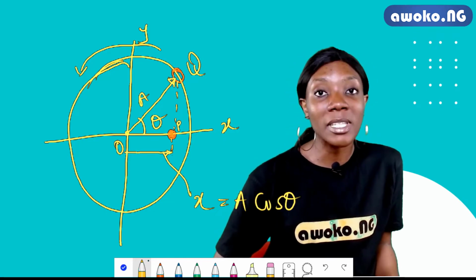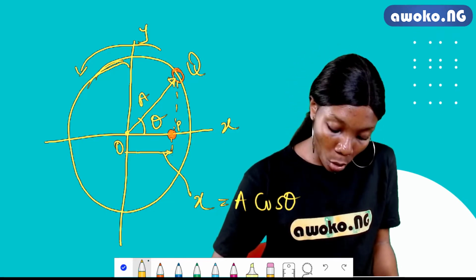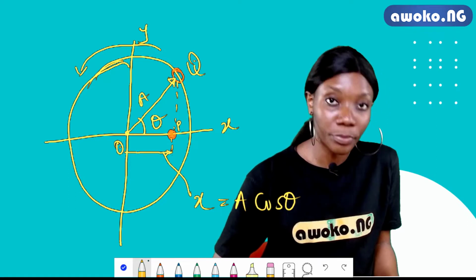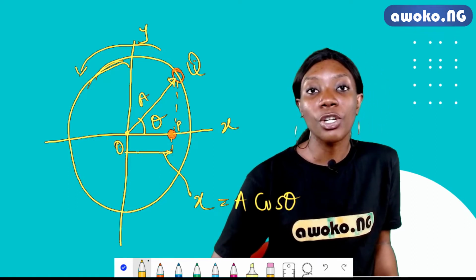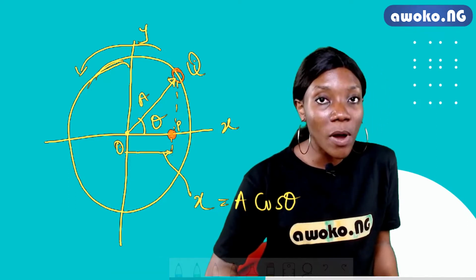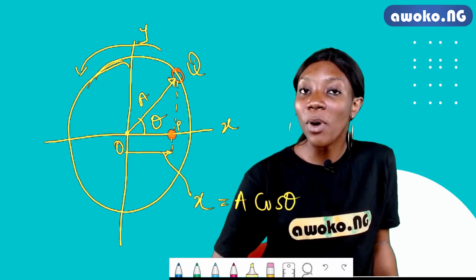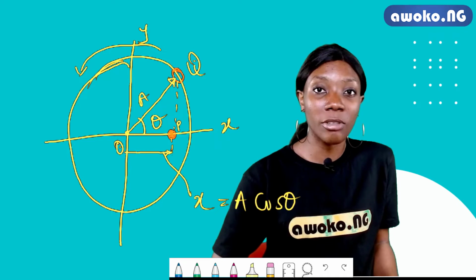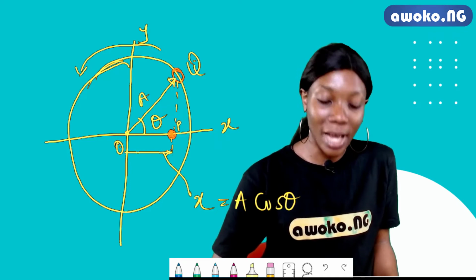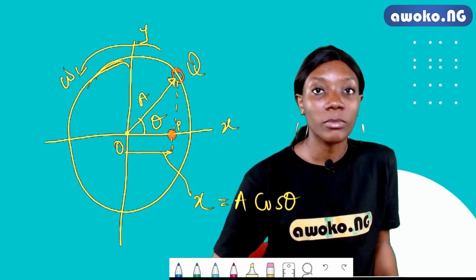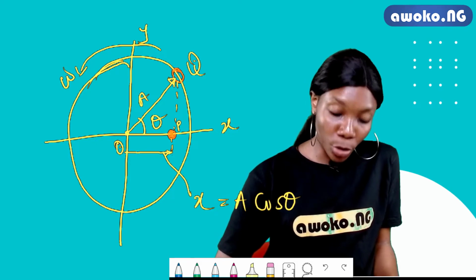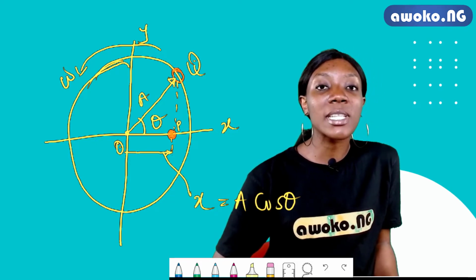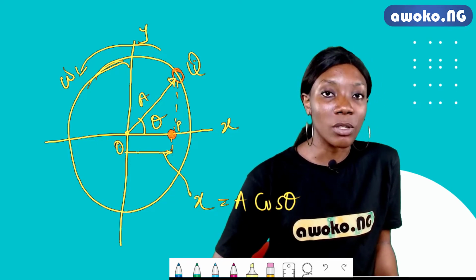Now at time t, the vector OQ from the origin to reference point Q makes an angle theta with the positive x-axis. As point Q moves around the reference circle with constant angular speed W, vector OQ rotates with the same angular speed, okay?